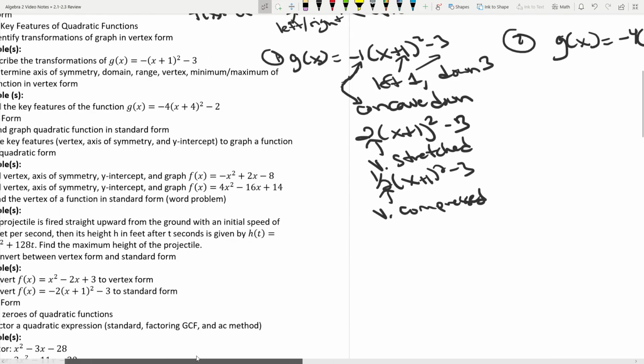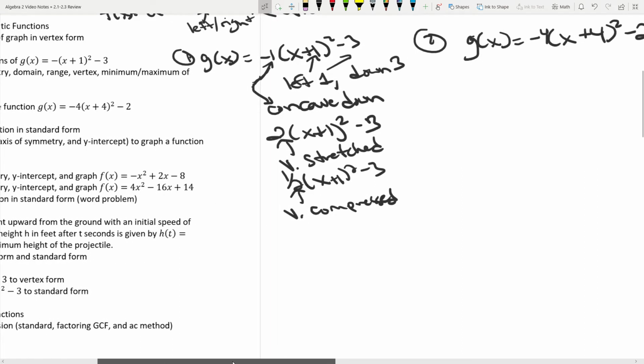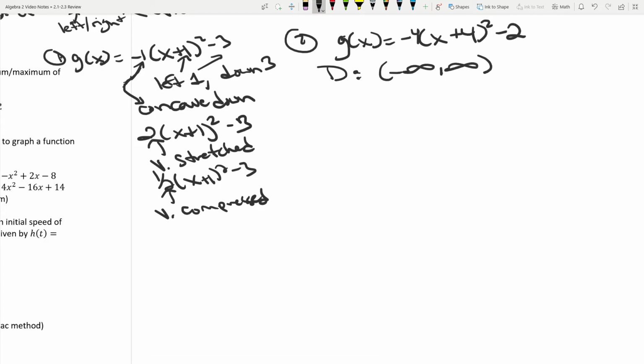If we want to determine the key features, what do we mean by key features? We mean things like axis of symmetry, domain, that kind of stuff. Let's do domain since that's easy. The domain of a quadratic function is always negative infinity to infinity. Why is that? Because the graph looks like a U or an upside down U. In this case, since it's negative, it's an upside down U shape.